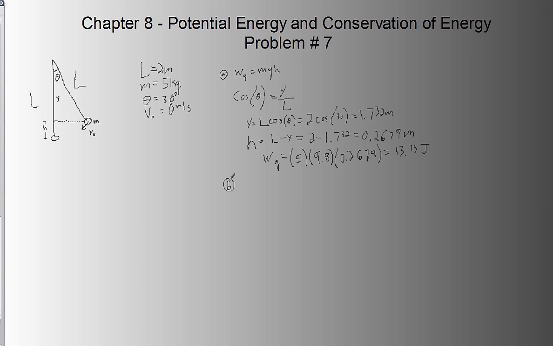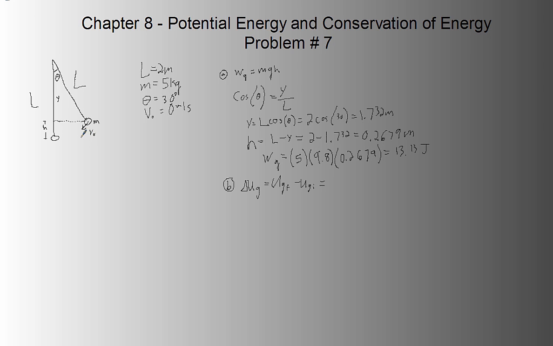Part B is asking for the change in gravitational potential energy of the Earth-ball system. So that's going to be delta UG, which is UG final minus UG initial.